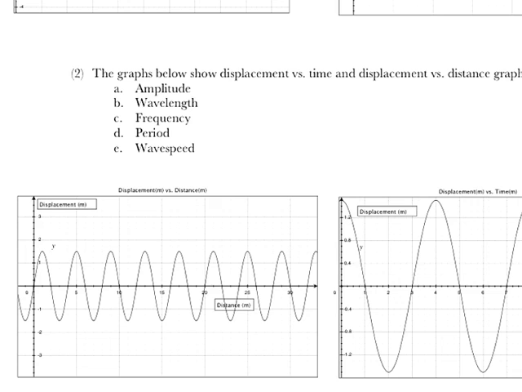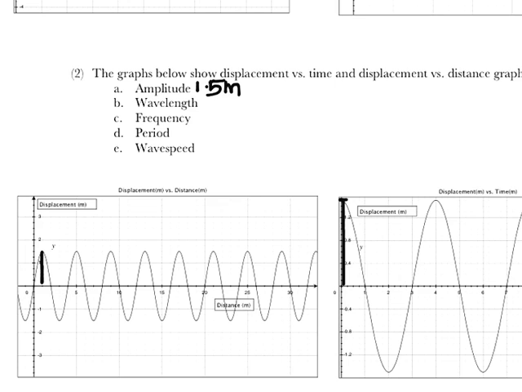So amplitude, remember, is kind of like the height of your wave. If we look at this graph, we see that height is about 1.5, and we can confirm that on the graph over here, it's also 1.5. So we have 1.5 meters.